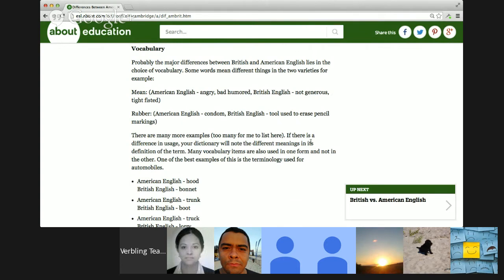Vocabulary. Probably the major differences between British and American English lie in the choice of vocabulary. Some words mean different things in the two varieties. For example, mean: American English, angry, bad-humored; British English, not generous, tight-fisted.